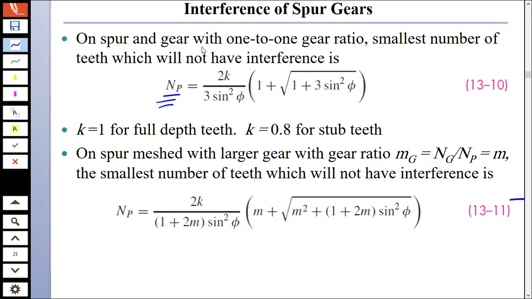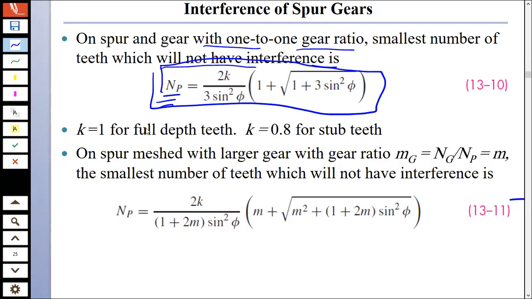For example, for a spur gear with 1 to 1 gear ratio, the smallest number of teeth which will not have interference should be equal to this. And what is k here? K is 1 for full depth, and 0.8 for stub, which is a standard depth. It doesn't go all the way down. So you can calculate the number of teeth over here.